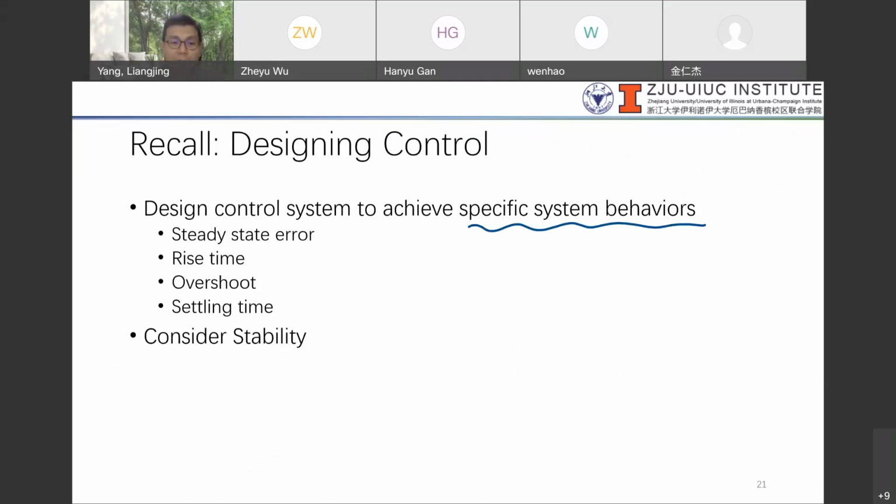And ultimately, we need to consider stability. We need to make sure that it is stable. No matter how well this system performs, you may think that it will have very low overshoot or things like that, but if you don't guarantee stability, it's not meaningful at all.